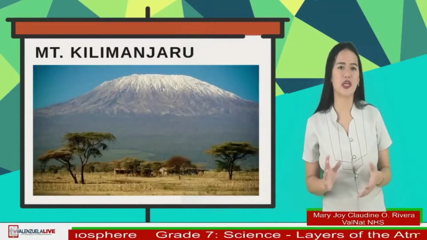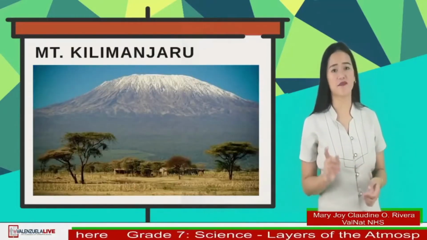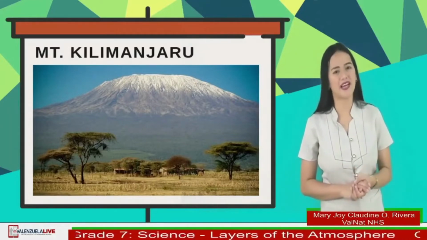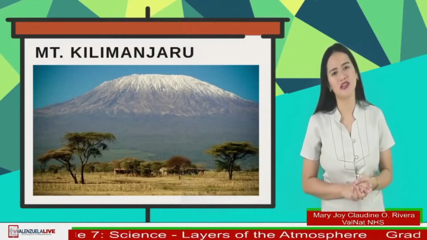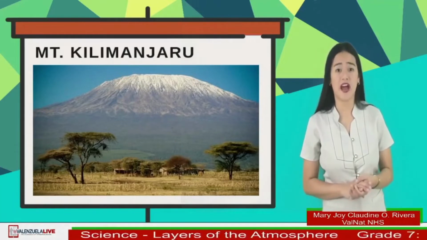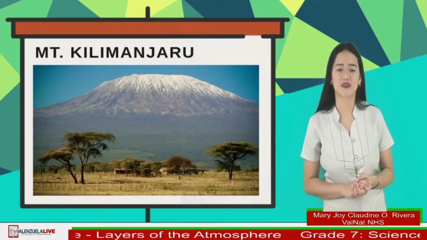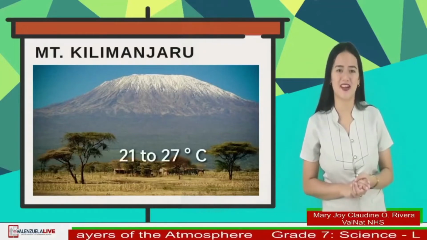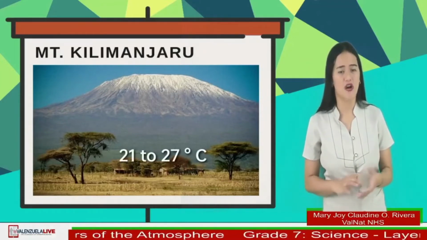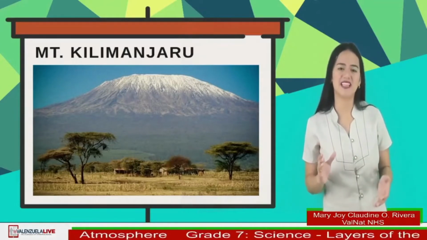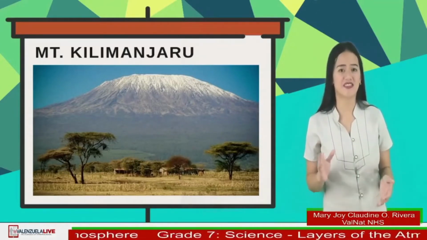So take a look at this picture. This is Mount Kilimanjaro in Tanzania, Africa. Despite having a hot and humid tropical climate, where the average temperature at the base of the mountain ranges from 21 to 27 degrees Celsius. From there, as climbers move through the mountain, the temperature decreases.